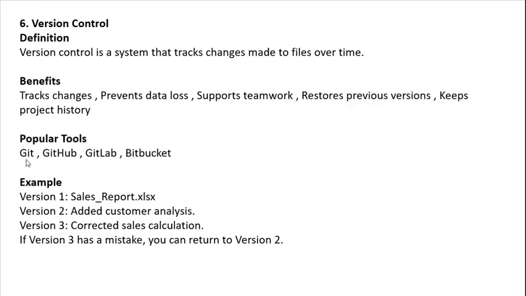Popular tools are Git, GitHub, GitLab and Bitbucket. For example, version 1 is a sales report .xlsx, a Microsoft Excel file. Version 2 added the customer analysis, and version 3 corrected the sales calculations. If version 3 has mistakes, you can return to version 2.